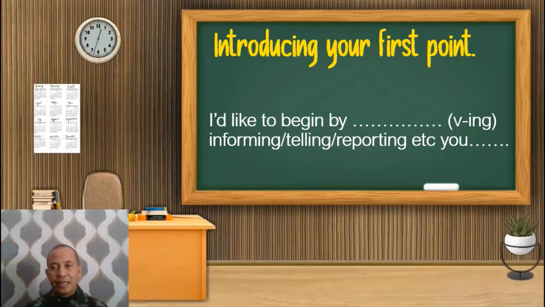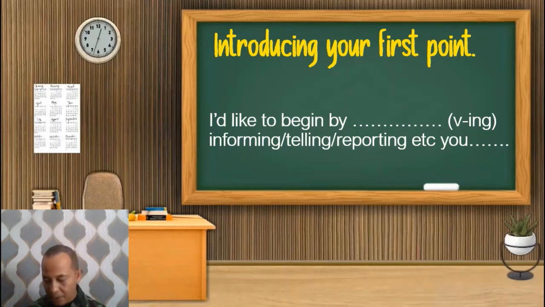Again, it really depends on what you are talking about and what point you have in the presentation. But the thing you have to remember is that when you use the word by, you need to follow it with a verb like informing, telling, reporting, clarifying, or any other word you can use.